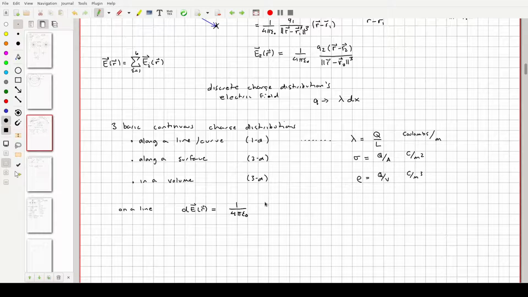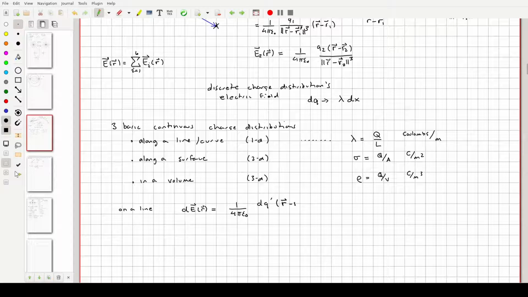So that's still there. Now up here, this really is differential charge. A small amount of charge along the line would be equal to whatever the line charge density is times a little bit of the line. So you would write that as dq prime, because we're going to be integrating over the location of the charge.